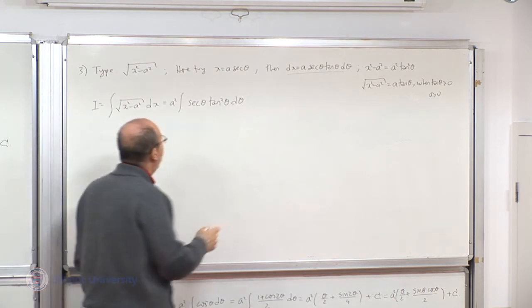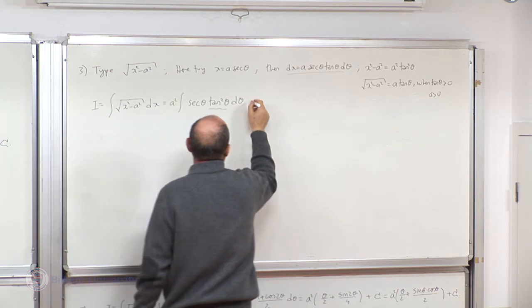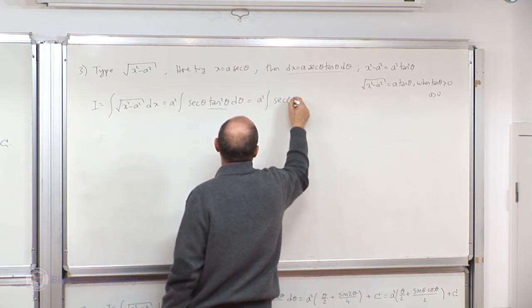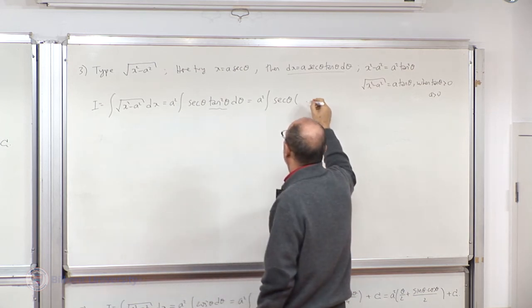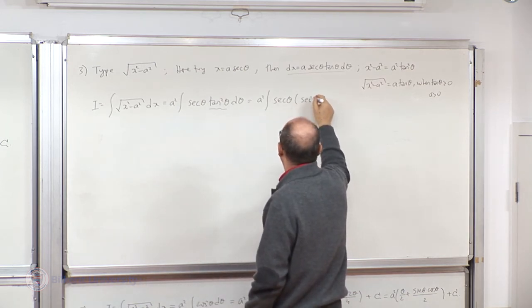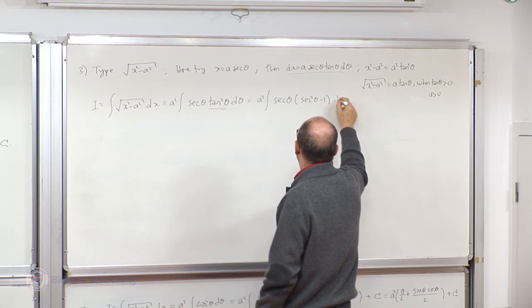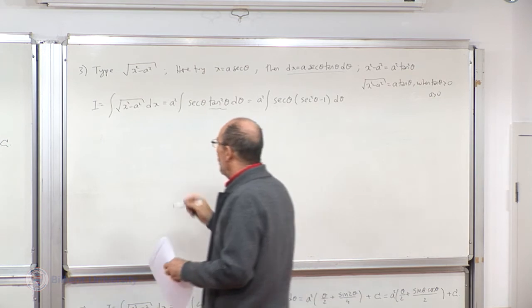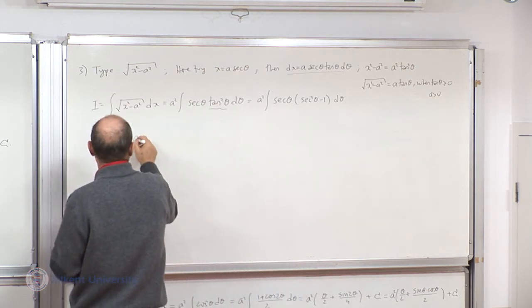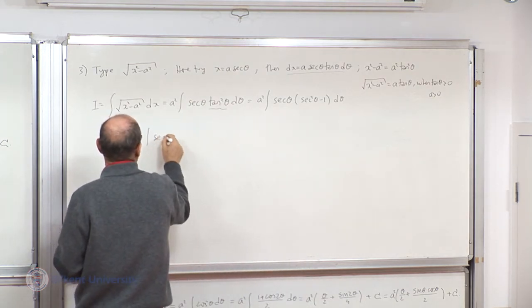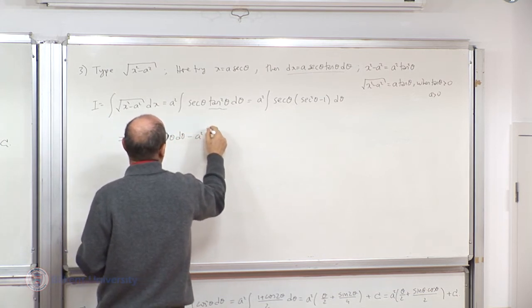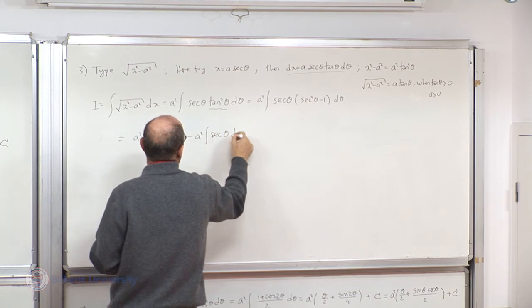So I can write this as a square integral of secant theta, and tangent square is what? Secant square theta minus 1 d theta. So we have a square integral of secant cube theta d theta minus a square integral of secant theta d theta.